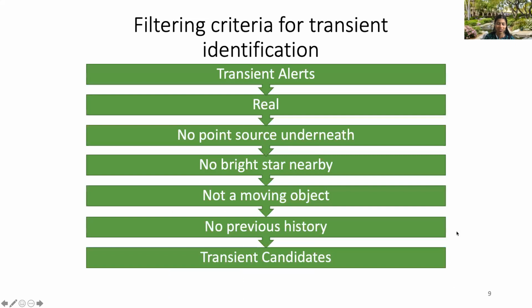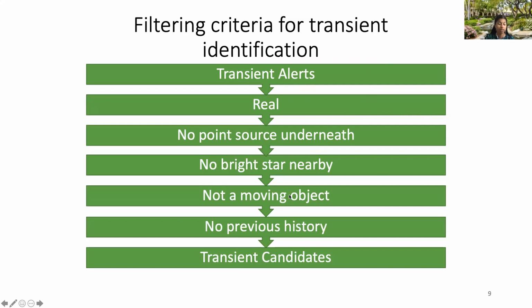So is that it? Are we done once we have this lovely subtraction? The answer is not really. We still have to make sure that whatever we detected is real or astrophysical, right? We can do that. There are already machine learning classifiers in place for that. We want to make sure that there's no star underneath that's flaring and pretending to be a transient. There's no bright star that is overflowing its neighboring pixels and creating some kind of artifacts.